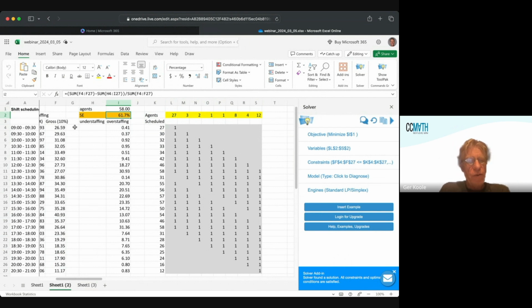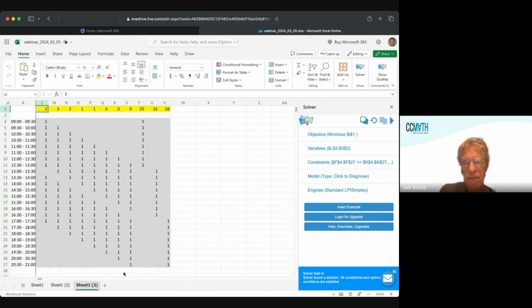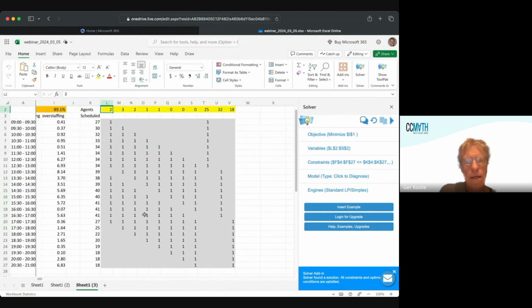If you would plot the gross required staffing and scheduling, but you can see it here as well, there's a lot of overstaffing in the middle because that's where all the full-time shifts overlap. So by introducing some part-time shifts, it might well be the case that we avoid this huge overstaffing. And that is my last slide, this one here.